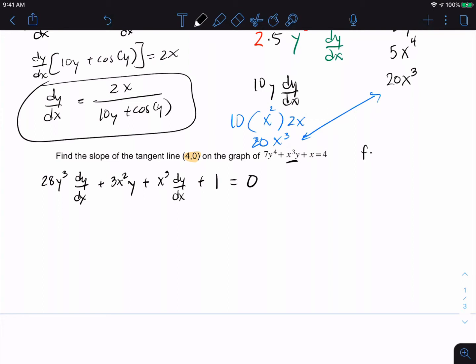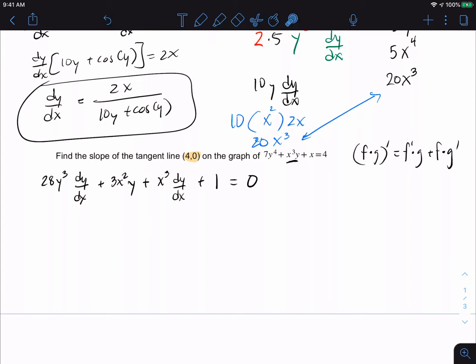If I have f times g and I go prime, I'm going to go f prime times g plus f times g prime. So here, the derivative of the first was 3x squared times the y. Then the first times the derivative of the second, and that's dy dx. We okay?